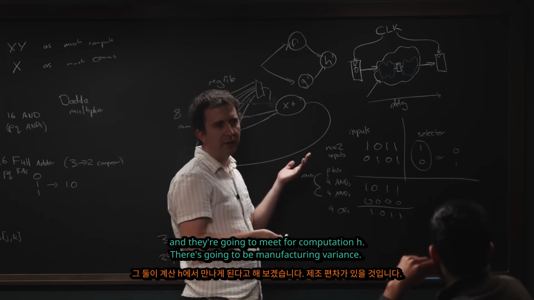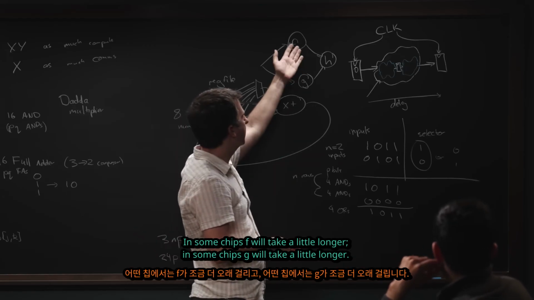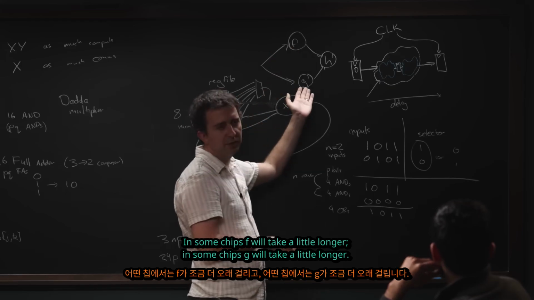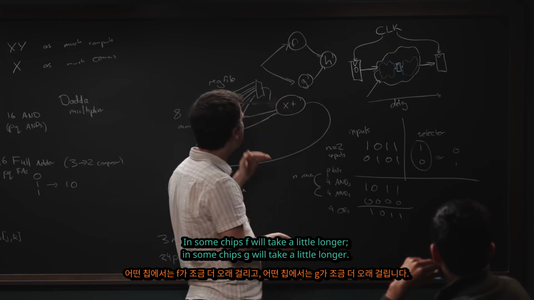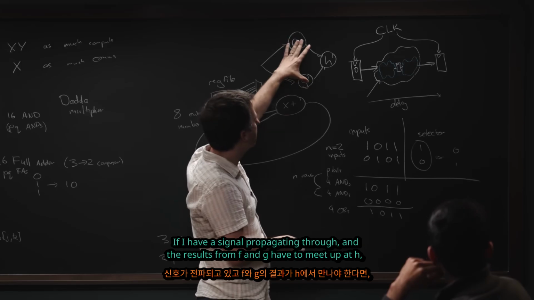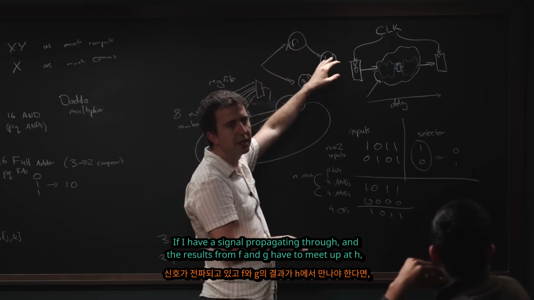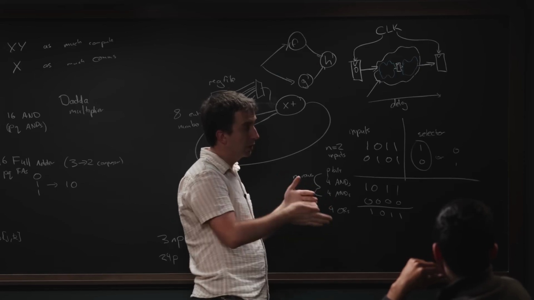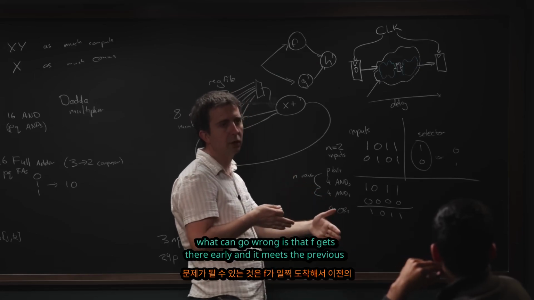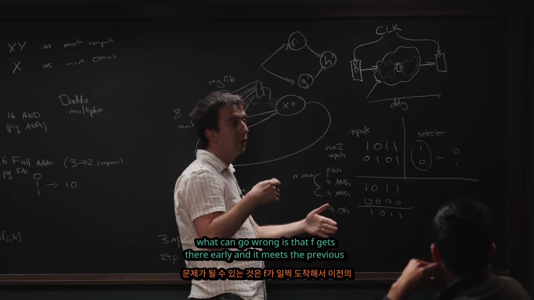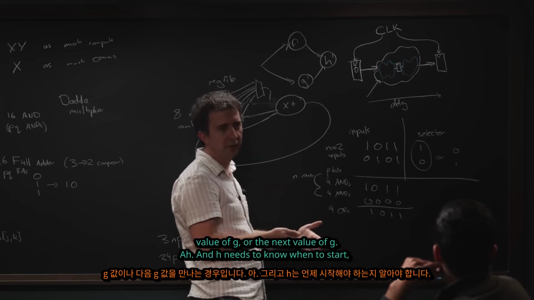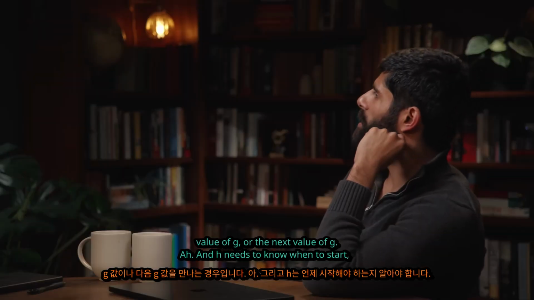There's going to be manufacturing variance here. In some chips, F will take a little longer. Maybe in some chips, G will take a little bit longer. And so if I've got some signal propagating through here, and the results from F and G have to meet up at H, the thing that can go wrong is that F can get there early, and it meets the previous value of G or the next value of G or something like that. And H needs to know when to start.